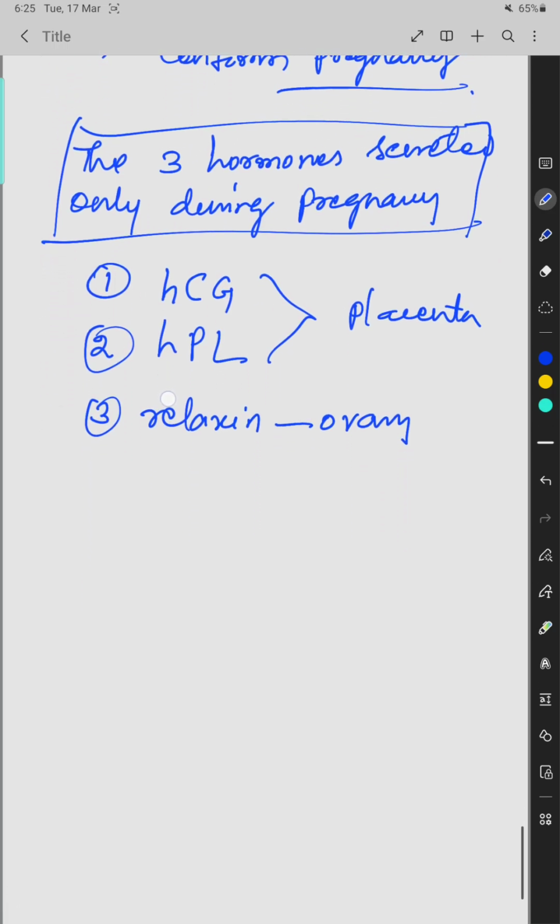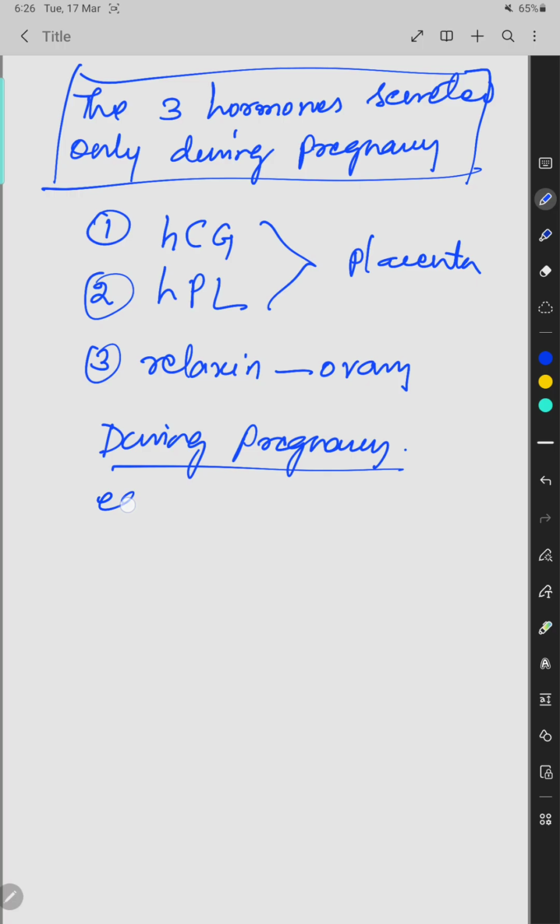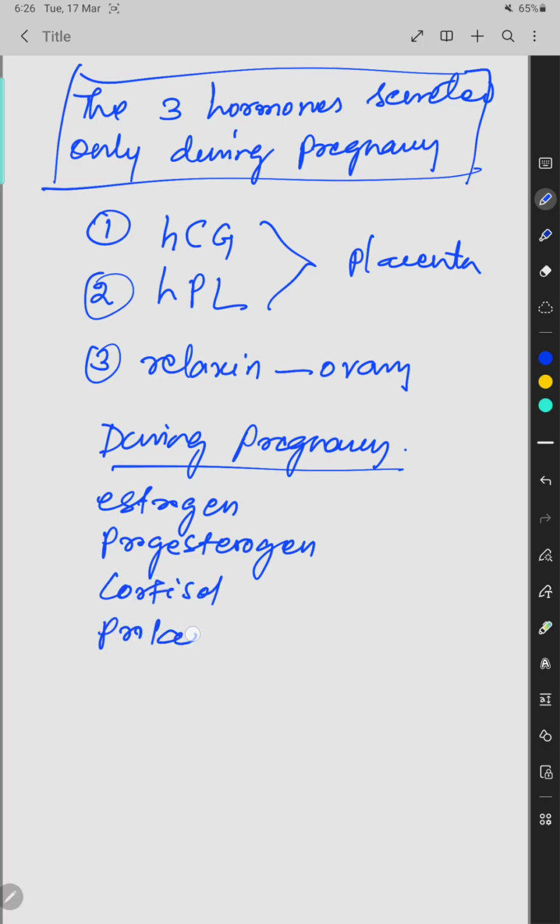Okay, now during pregnancy, the level of some hormones are very high, like estrogen, progesterone or progestogen, cortisol, prolactin, thyroxine, etc. Okay, so their secretion is high.